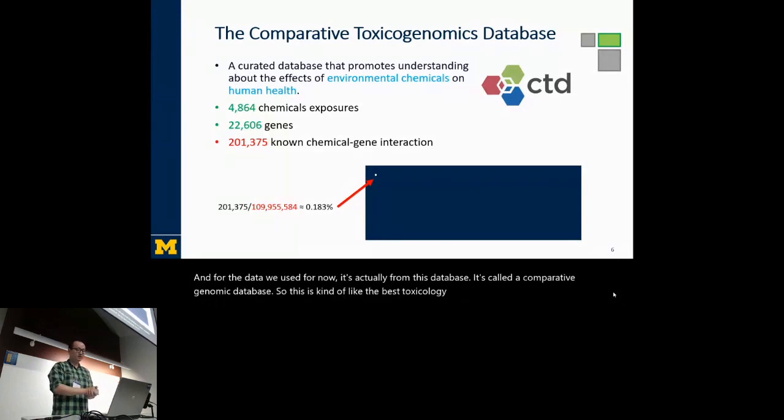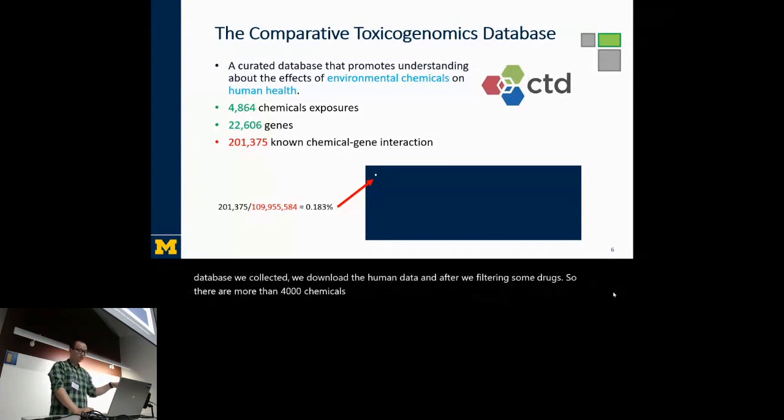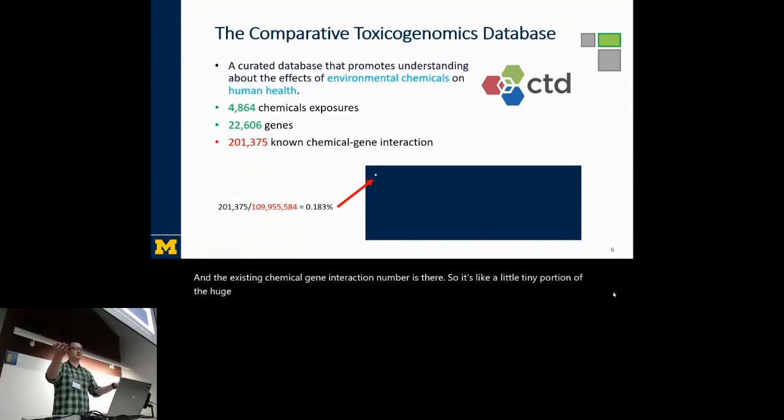From this database, we downloaded the human data. After filtering some drugs, there are more than 4,000 chemicals and more than 20,000 human genes, and only a tiny portion of the huge matrix has existing chemical-gene interactions. So the data is very sparse, and that's why we need to use the coupled matrix to find the missing values.